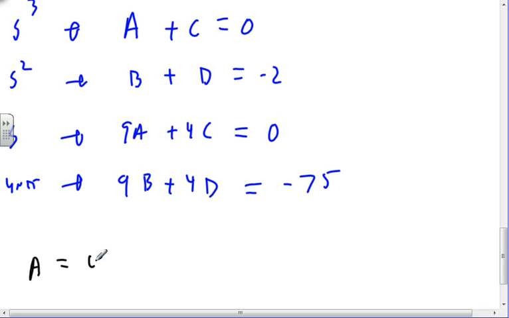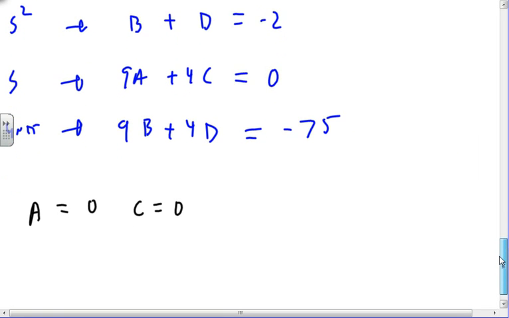I think A has to be 0 and C has to be 0. Because if A plus C is 0, then A is minus C, and then minus 5C is 0, so C has to be 0. If C is 0, A is 0. So it looks like that's the case.